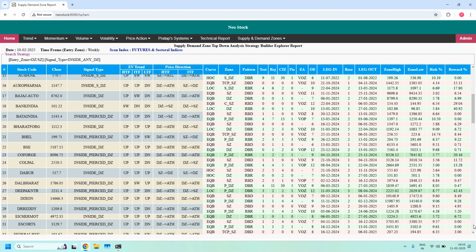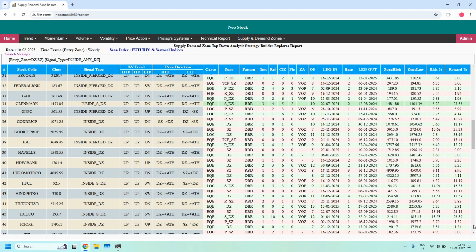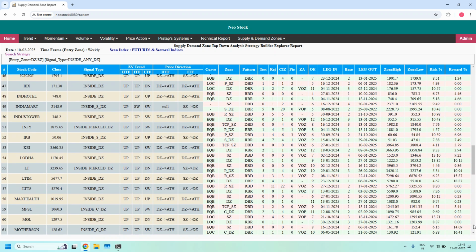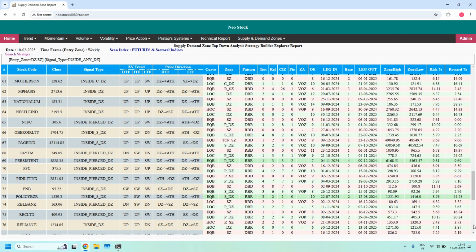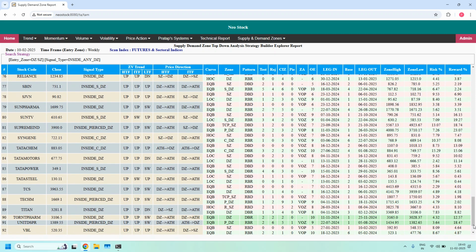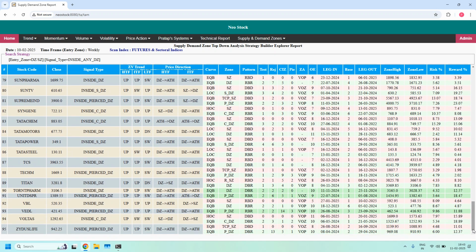This is for reference purpose. So total 95 stocks are filtered.